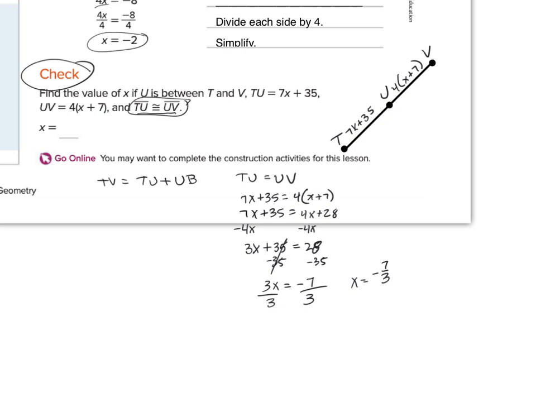Let's plug it back in and check it. So I get 7 times negative 7/3 plus 35 is equal to 4 times (negative 7/3 plus 7).